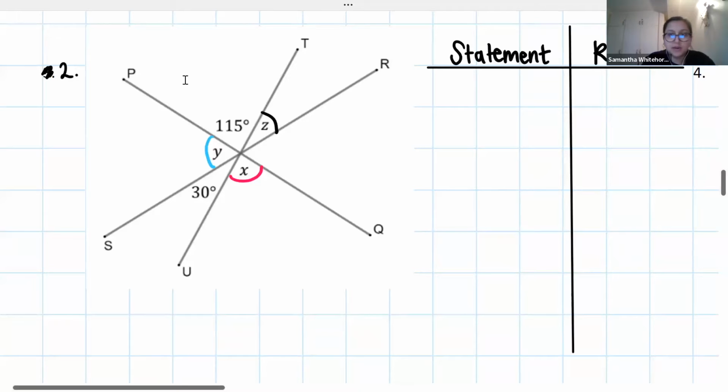Again, double check if there's parallel lines. We only have parallel lines if there's little arrows on there. If there aren't, move on. Think about angles on a straight line, angles around the point, vert op angles.